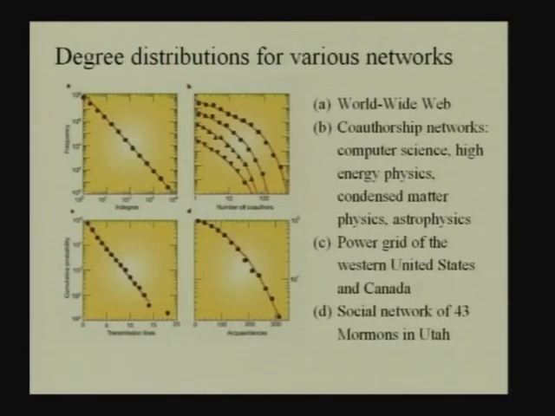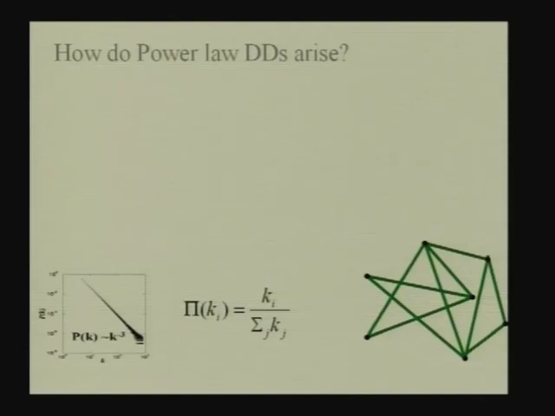So, the natural question is, how does power law degree distribution arise? In most natural systems power law is arising. So, why does power law arise? This is the question which we want to ask.